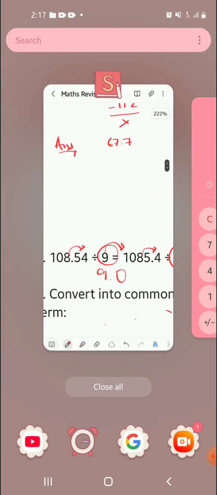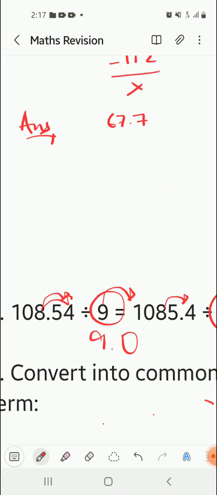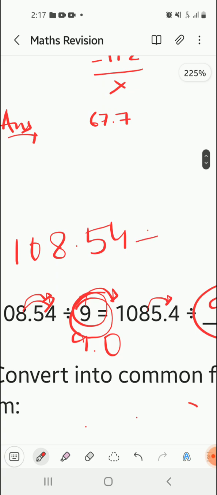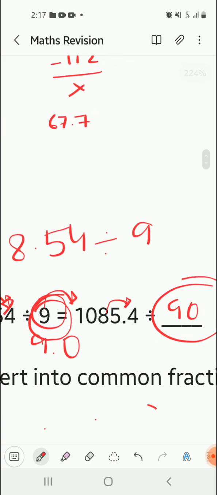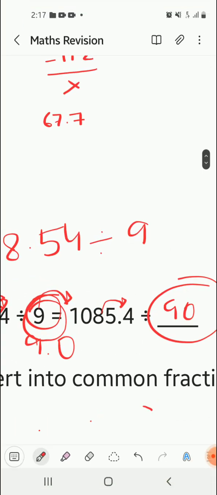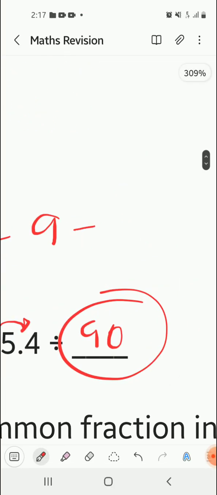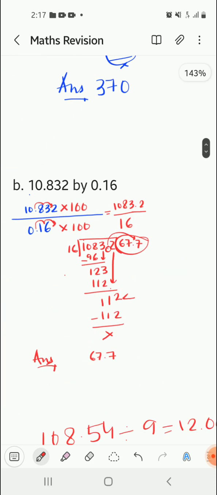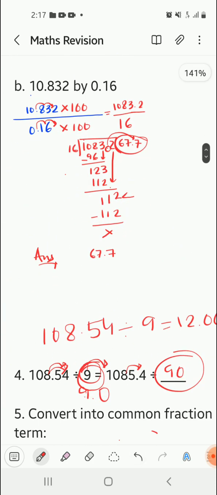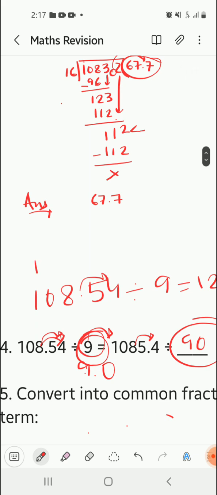It means that if we want to shift to the right and we do not change this, like if you have 108.54, for example, and we are dividing it by 9, what do we get? We get 12.06. But if you want to shift the decimal place from here to here, it becomes 1085.4.